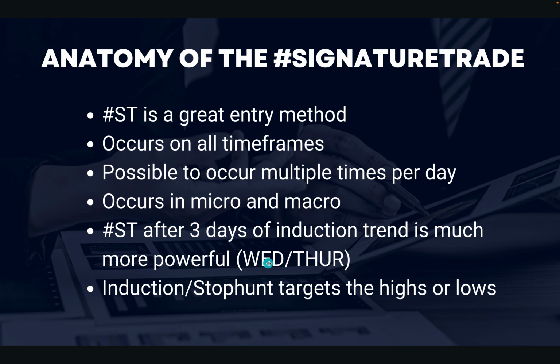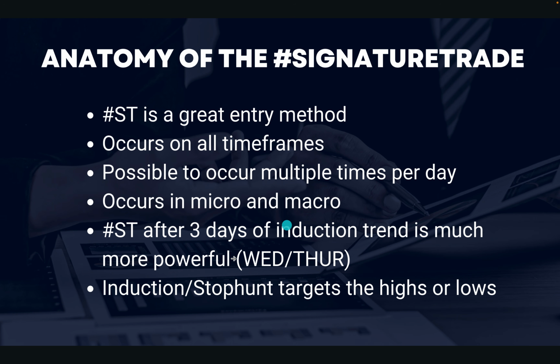So sometimes there are signature trades and they don't happen after an induction trend. Sometimes they're just in the middle of consolidation. You guys can take those trades as well. However, the most powerful, the one that will give the most amount of reversal, most amount of pips, the biggest reward to risk ratio, is the signature trade that happens after 3 days of induction.